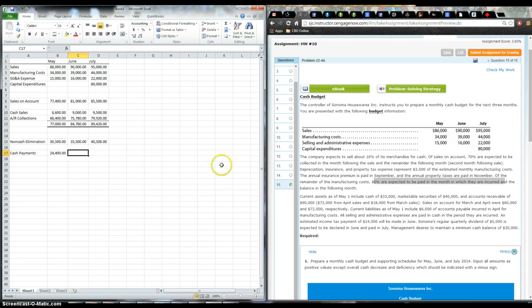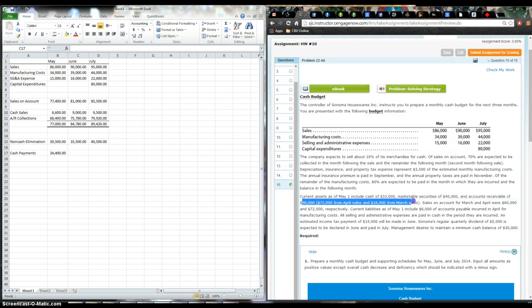Now let's see what our manufacturing cost payment should be from the prior month. So it says current assets of May 1st include cash, marketable securities, and accounts receivable of this. Sales on account for March and April were 60 and 72,000 respectively.